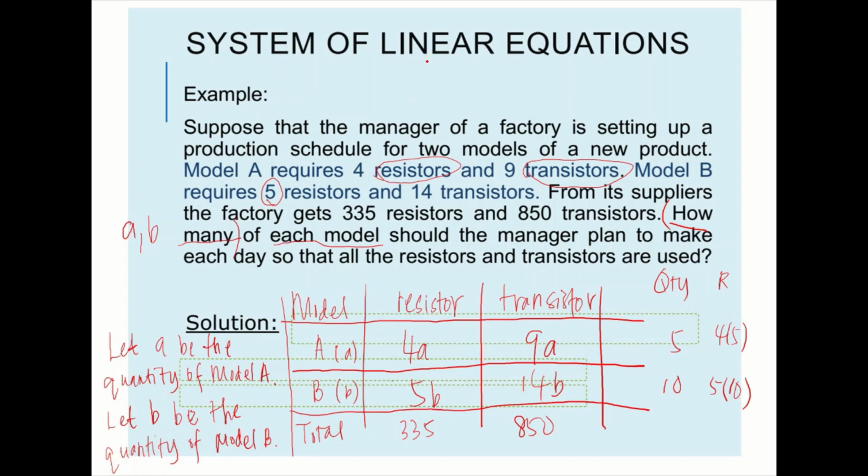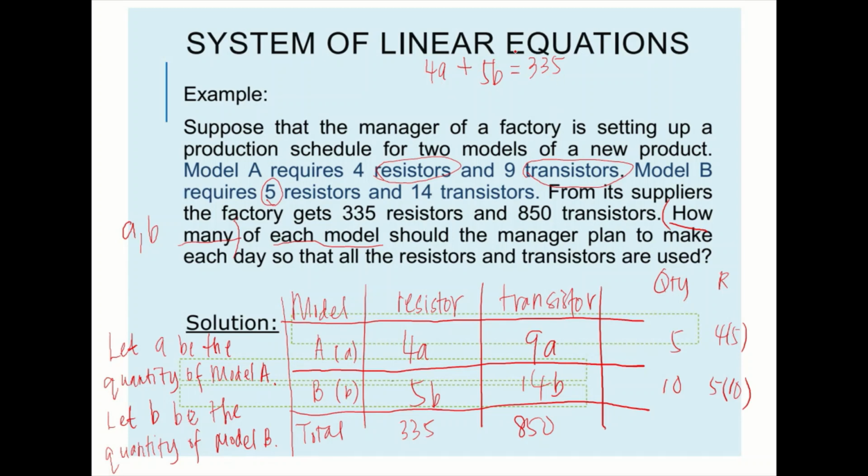4A is the total resistor for model A plus 5B is the total resistor for model B, and the total resistor is 335.